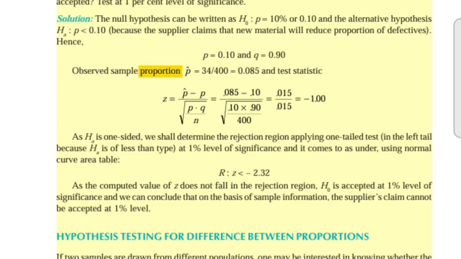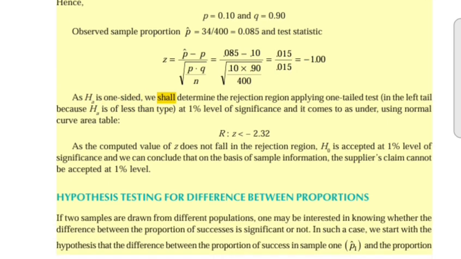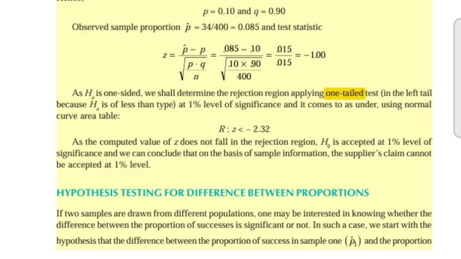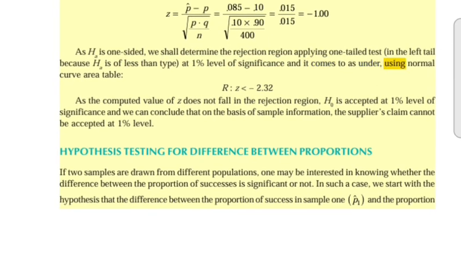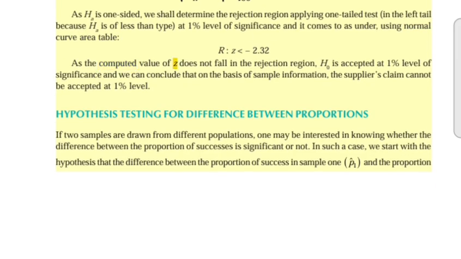Observed sample proportion p̂ equals 34/400 equals 0.085 and the test statistic z equals (0.085 - 0.10)/√(0.10 × 0.90/400) equals -1.00, as Ha is one-sided. We shall determine the rejection region applying the one-tailed test in the left tail because Ha is of the less-than type at 1% level of significance, and it comes to as under, using the normal curve area table: R: Z less than -2.32. The computed value of Z does not fall in the rejection region.